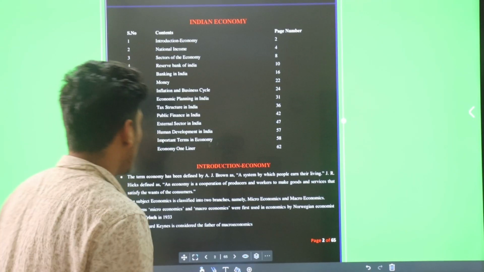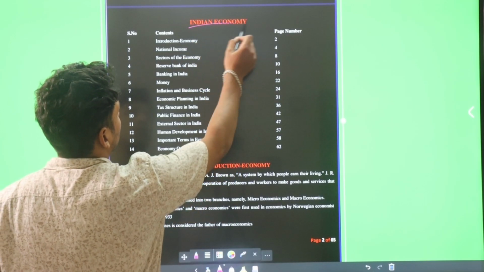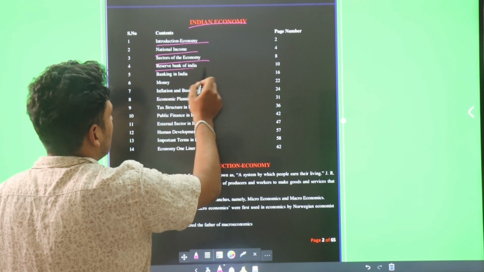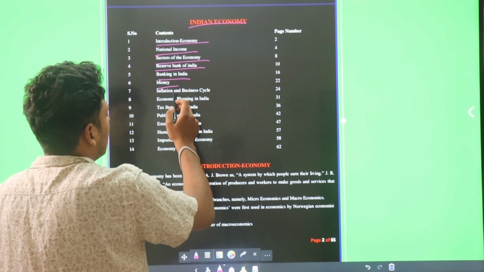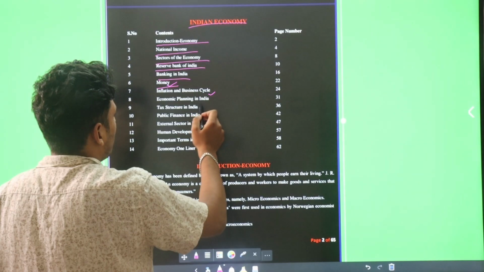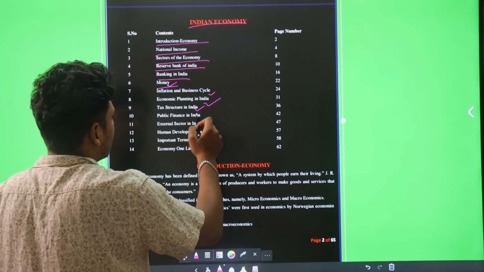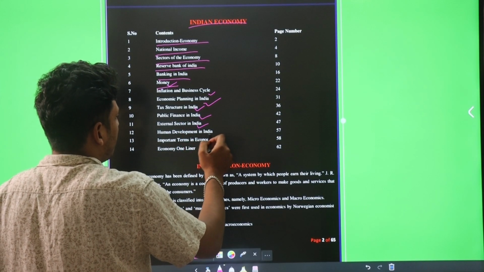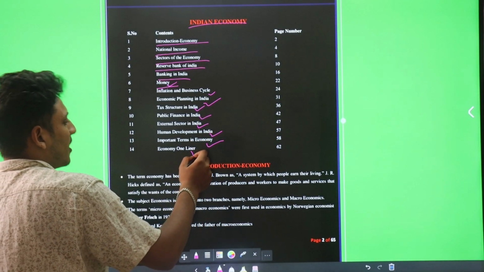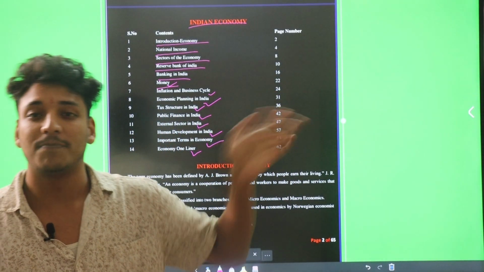So in economy we're gonna discuss about India, introduction of economy, national economy, sectors of economy, Reserve Bank of India, banking in India, money related topics, inflation and business cycles, economic planning in India, tax structure in India, public finance in India, external sector in India, human development in India, important terms in economy, and last one we will read about economic one-liners, and after this we will practice as many questions as we can.